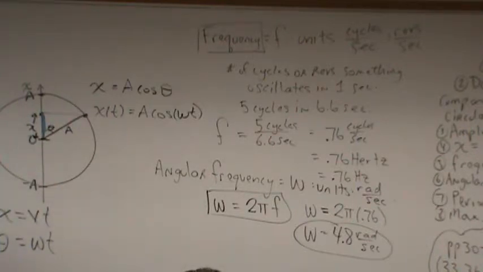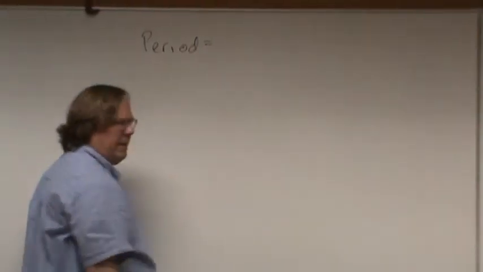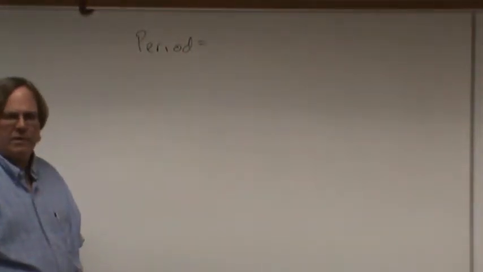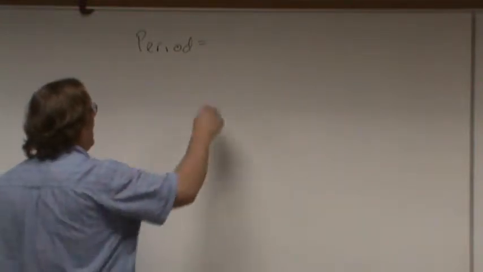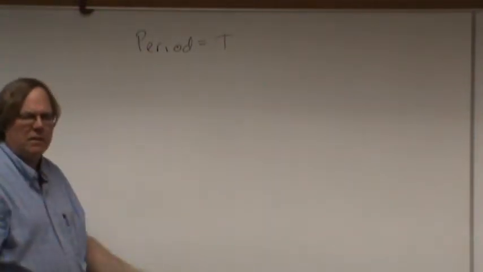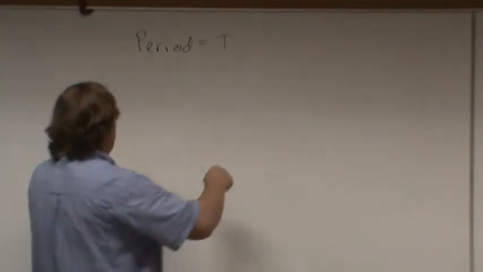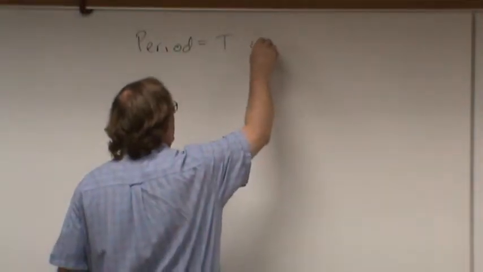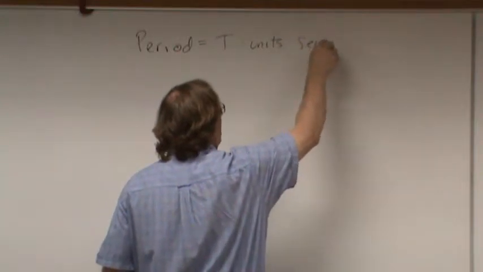Finally, we've got period. Period is a time. It's the most important time there is in talking about oscillating things. And so period gets called capital T, and the period is in units of seconds.